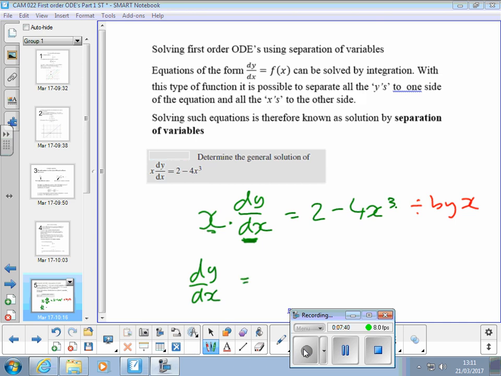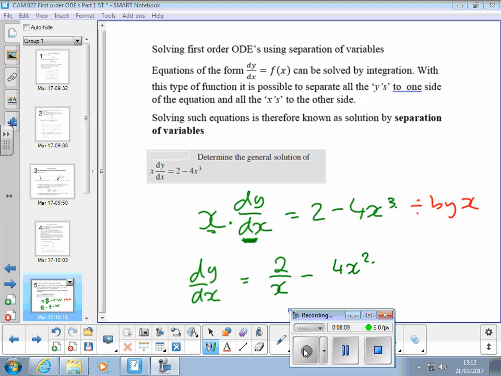And how can I put that on the other side? Two over x. Is that correct?